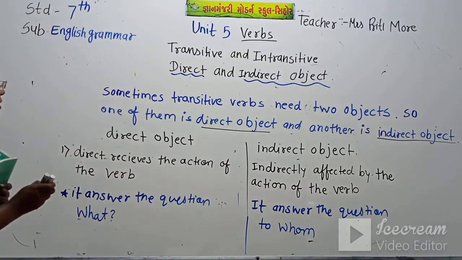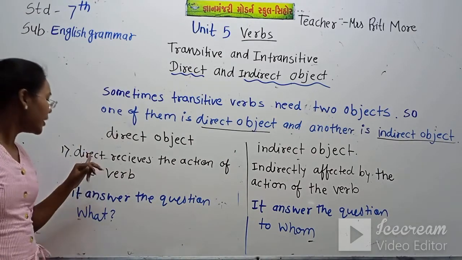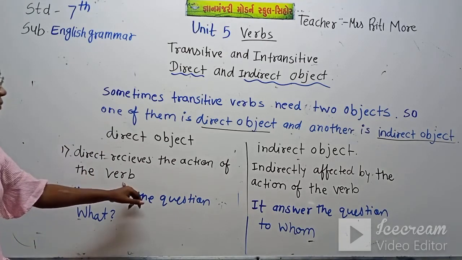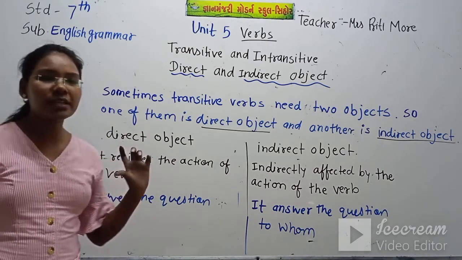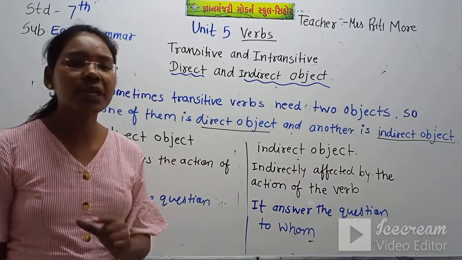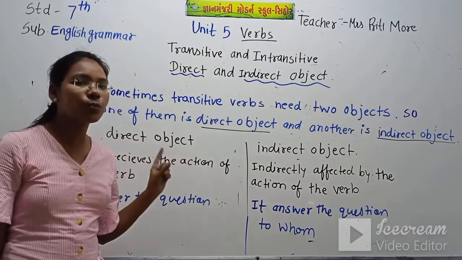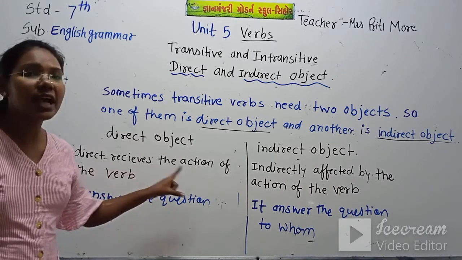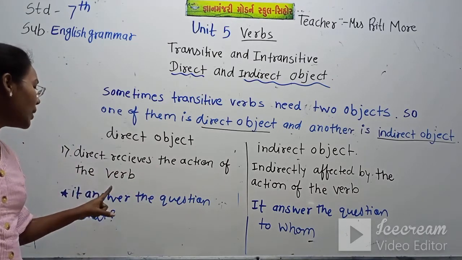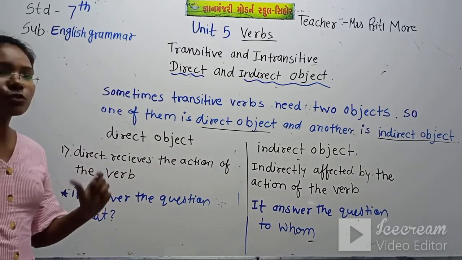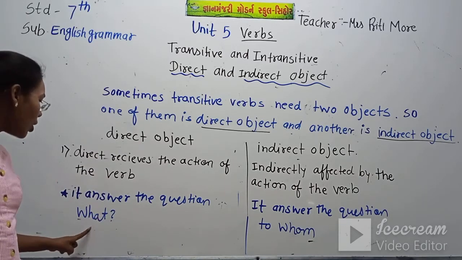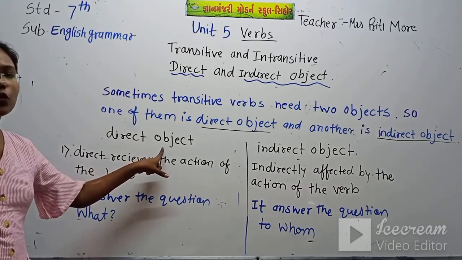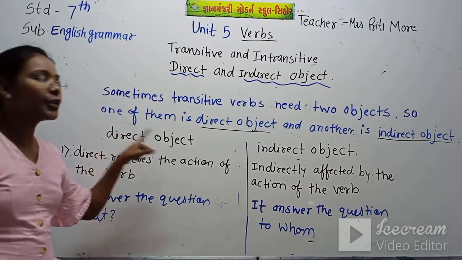So the direct object directly receives the action of the verb. That means the direct object is directly connected to the main verb, and it directly receives the action from the main verb. If we ask the question to the subject with what, you will get the answer of the direct object.